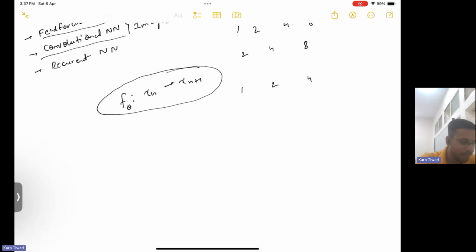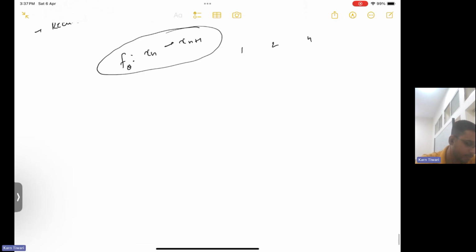Okay. So what's a real life example of sequences? One very common example is auto completion. So you might be searching something on Google, or you message your friends. You type how are you something, okay? And in the previous week we talked about how to convert words into embeddings.